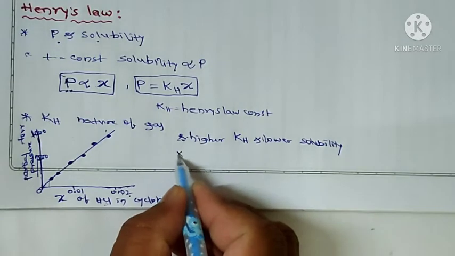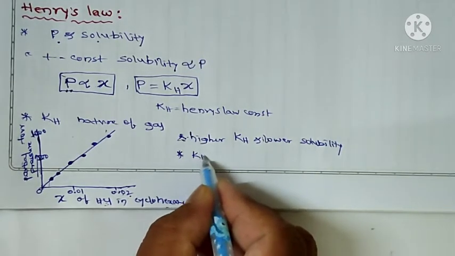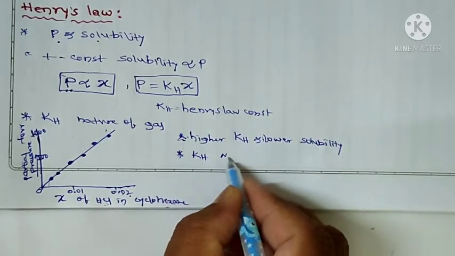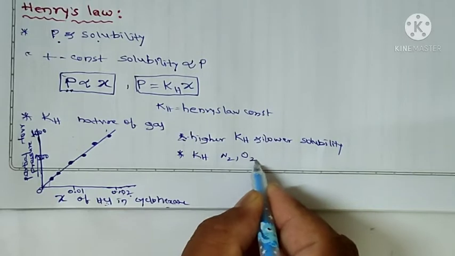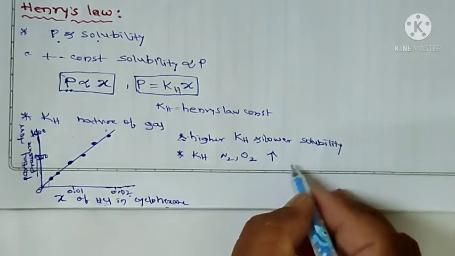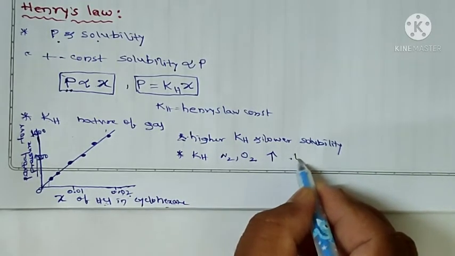So here let me take two gases, N2 and O2. The kH values for N2 and O2 increase with the increasing of temperature.